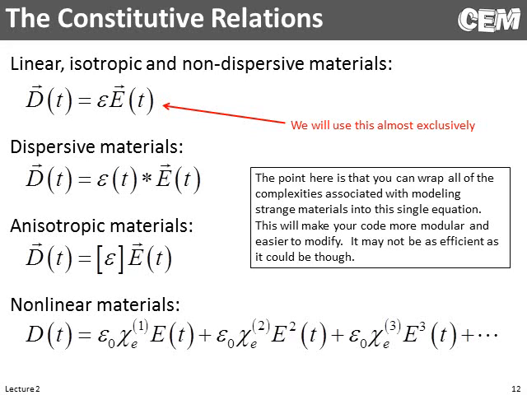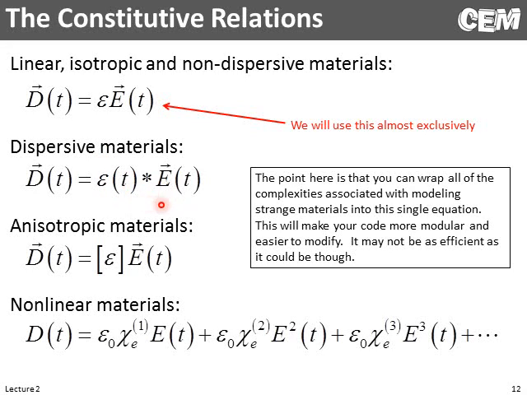There's a thing called dispersion, and this is where that dielectric constant changes with frequency, and that happens all the time. The dielectric constant's never the same with frequency. There are some places where it's pretty flat, but it always changes with frequency. So in fact, in the time domain, it's actually a convolution.